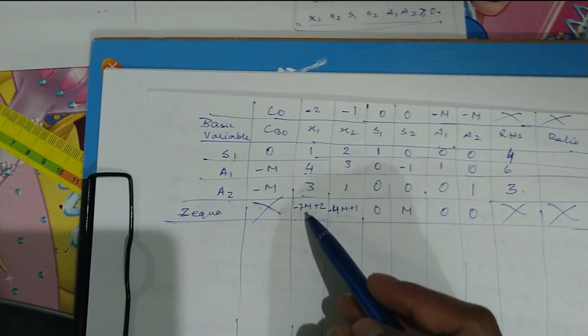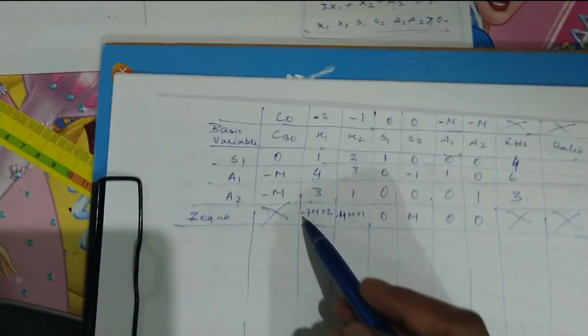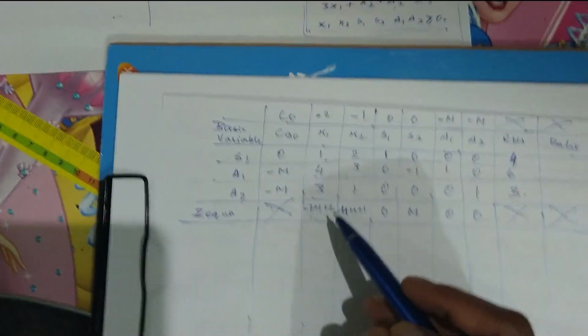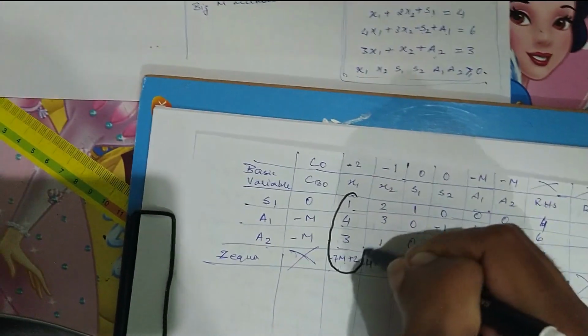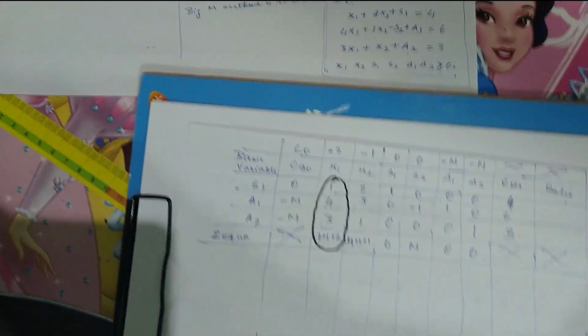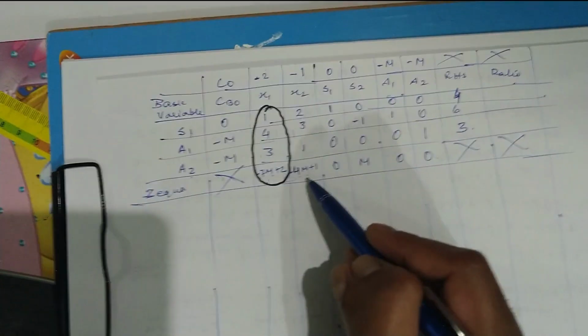I've already told you m itself is a big number, so 7 times m is a bigger number. Therefore x1 is selected as the entering column just by virtue of this minus 7m being larger in magnitude than minus 4m.